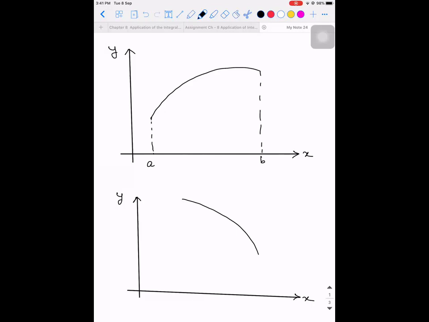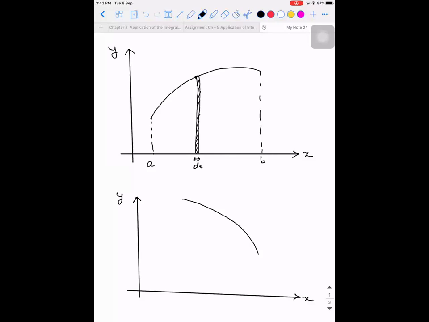So between A and B, if I consider a small rectangle, you can call it a rectangle only if its thickness is very, very small, which is nothing but approximately dx. When it is dx, this will also be parallel, right? See, the question is, how many such small rectangles can you find between the points A and B?